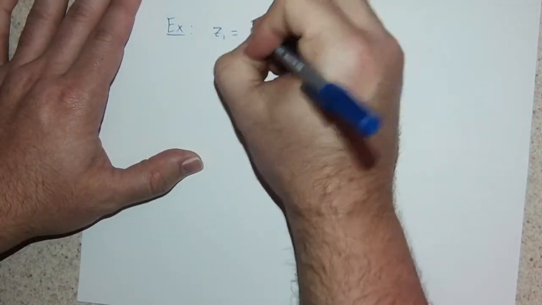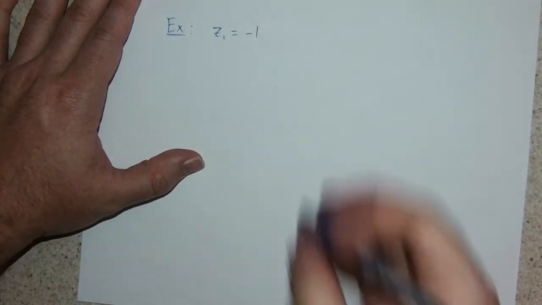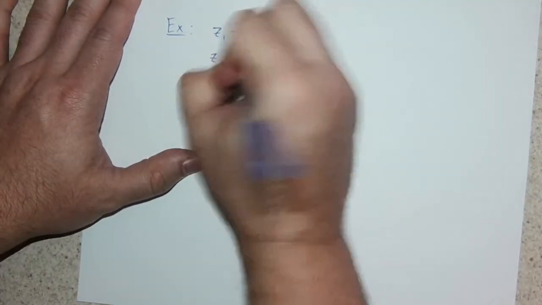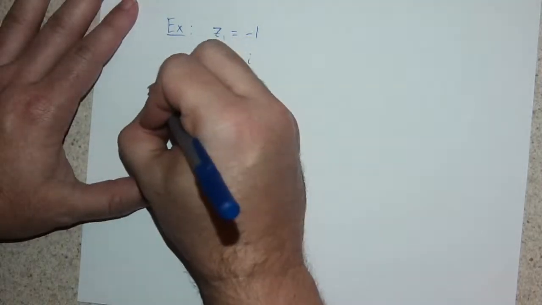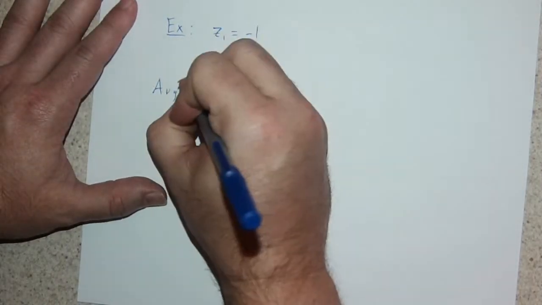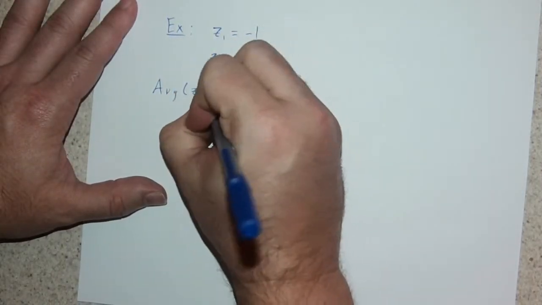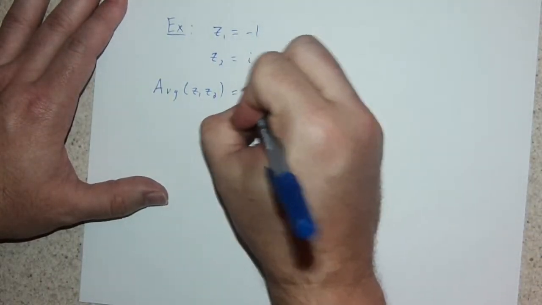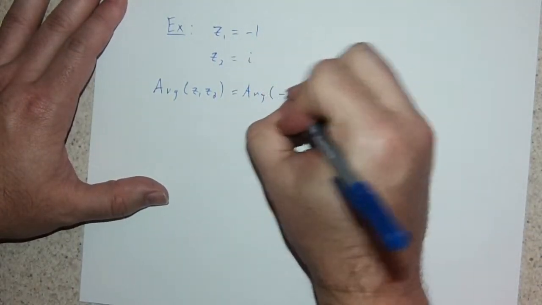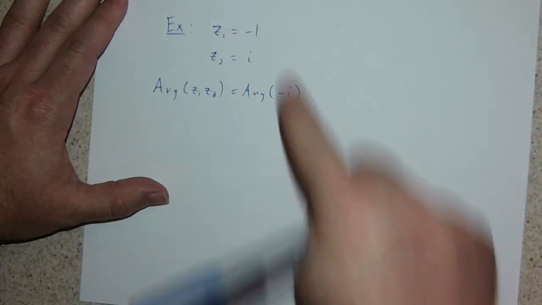If I let z sub 1 be minus 1 and let z sub 2 be i, then the principal argument of z sub 1 times z sub 2 is the principal argument of minus i, right, minus 1 times i.